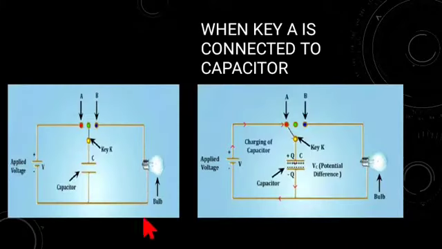Now let us consider a circuit which has a voltage source, a capacitor and a bulb, and it consists of two switches and a key. When we connect key A to the capacitor, from the applied voltage, the capacitor gets charged.